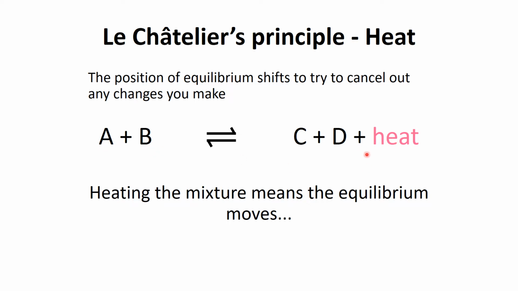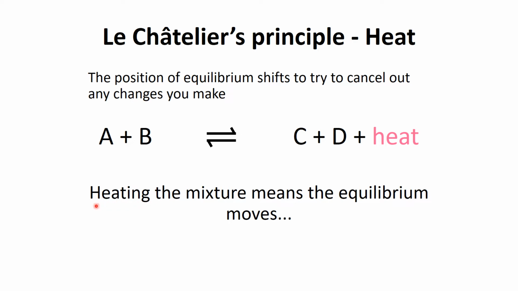I know we don't usually put heat in a chemical equation because heat isn't a chemical, is it? It's energy. I know we don't usually do that, but I'm going to leave this here to help you with this little problem. Bearing in mind the position of equilibrium tries to cancel out any changes.